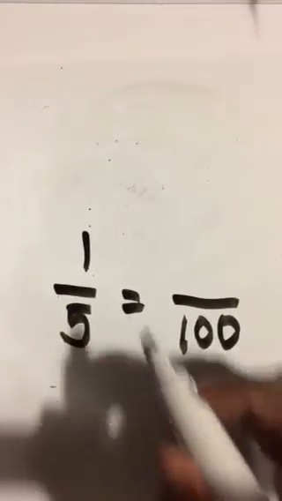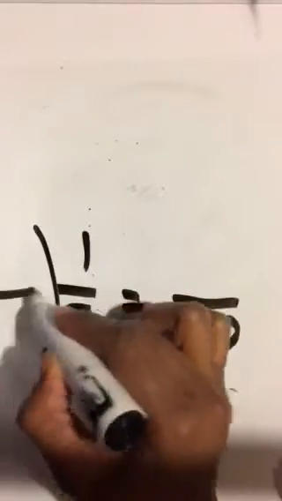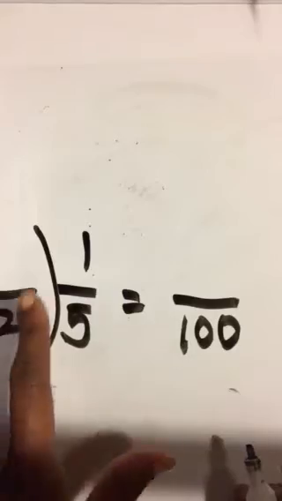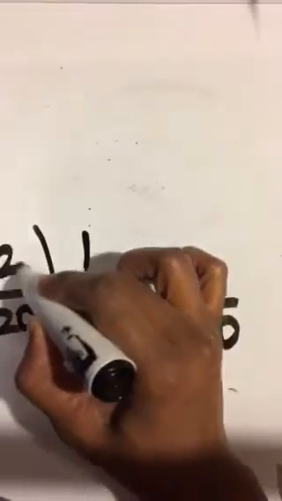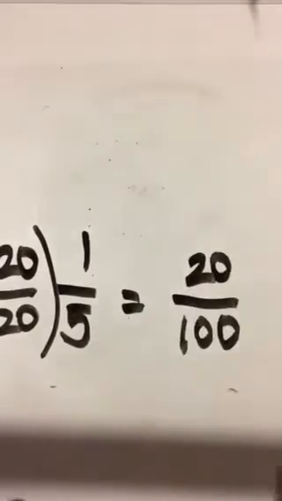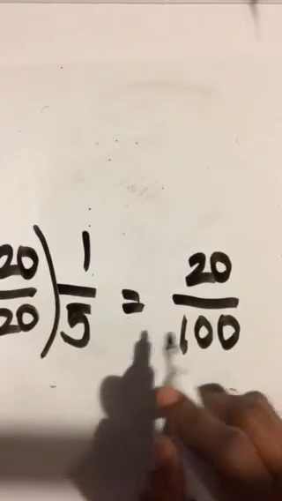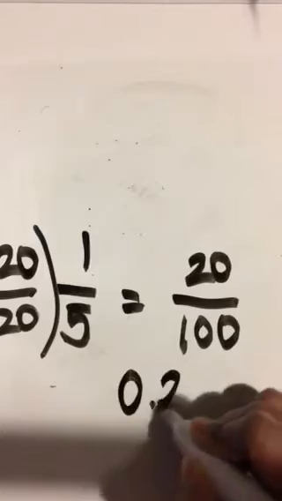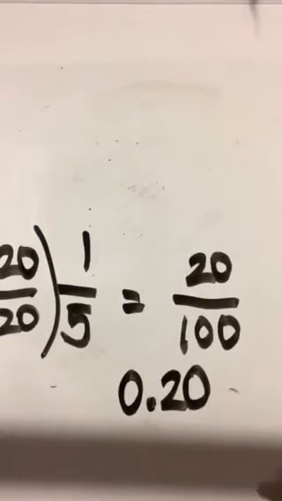So 5 goes into 100 20 times. Whatever I do to the denominator, I have to do to the numerator. 20 times 1 is 20. So 1/5 is equivalent to 20 hundredths. Say the fraction, write the decimal, 20 hundredths.